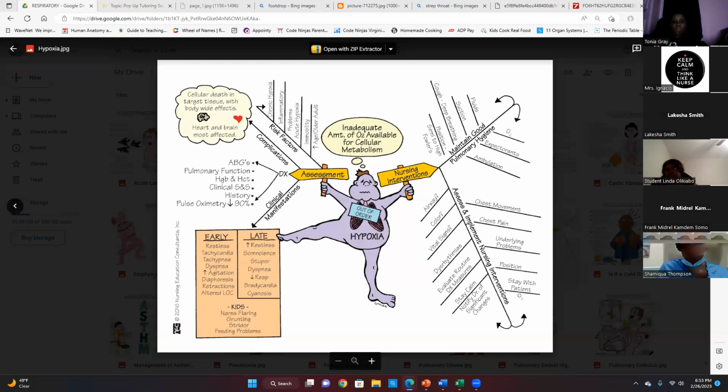Nursing considerations for bronchoscopy, anyone? And it's totally fine to look in your book if you're not sure.